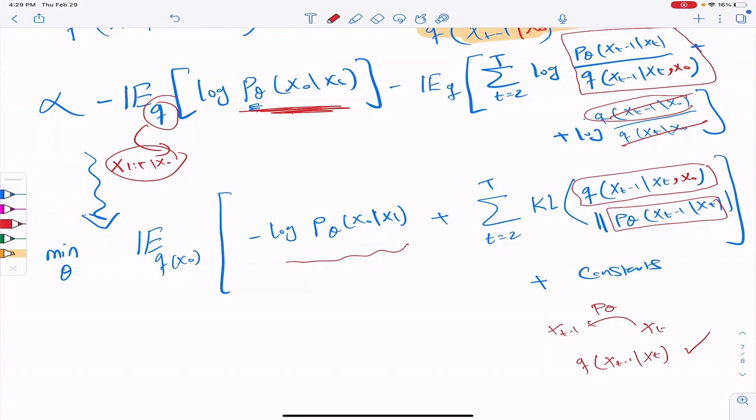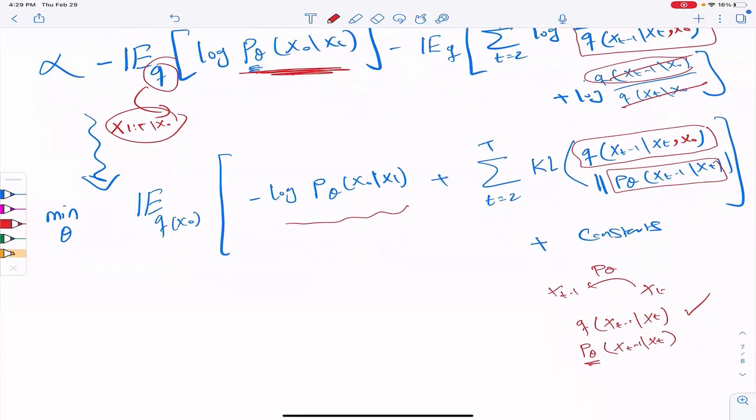We couldn't do it. And we said, okay, what about I approximate the whole process with some other distribution, P sub theta, and let's use maximum likelihood. That was the intuition, right?